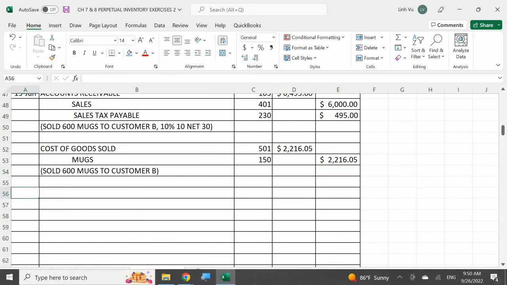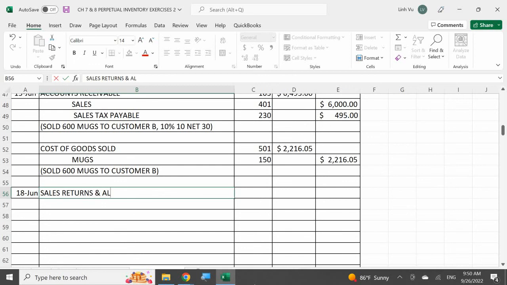Okay, this is June 18, right? You're going to give the portion of the money back, sales returns and allowances. Okay? You're going to give them a portion of the sales tax money back, and you're going to reduce the accounts receivable.